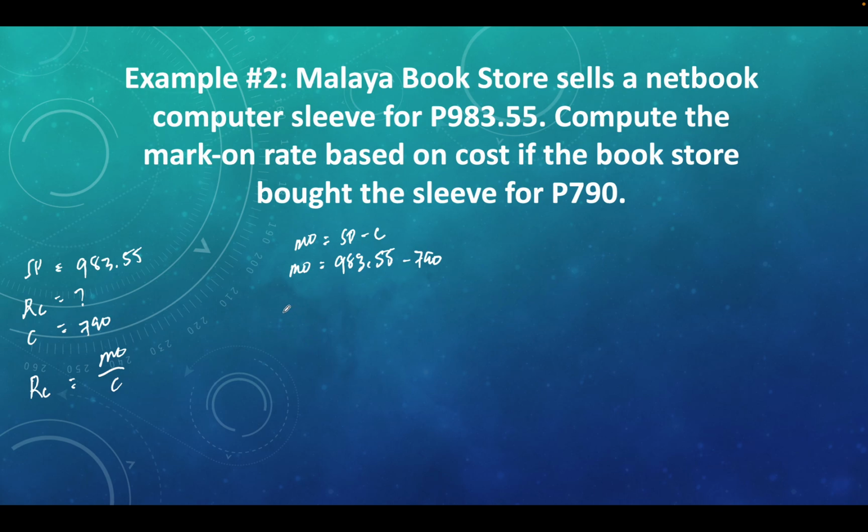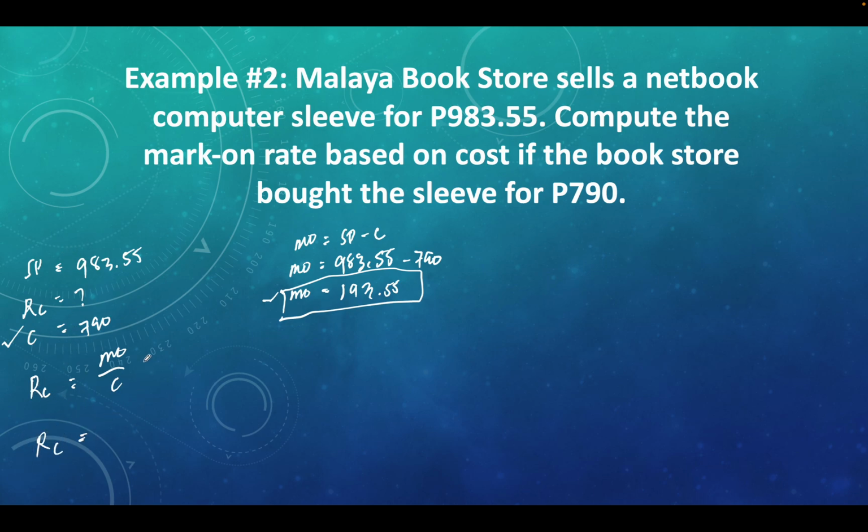Ang makukuha natin na mark on is equivalent to 193.55. Okay. So, since may mark on na tayo, which is this one, may cost na tayo, this is this one. Kunin na natin yung rate based on cost natin.